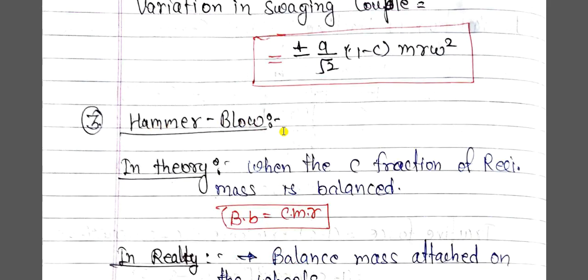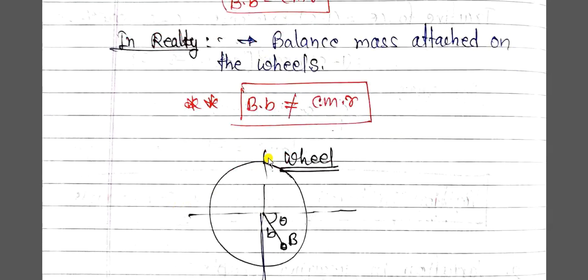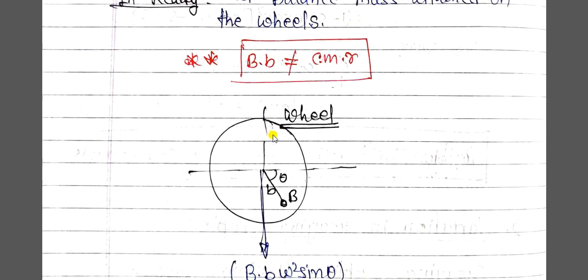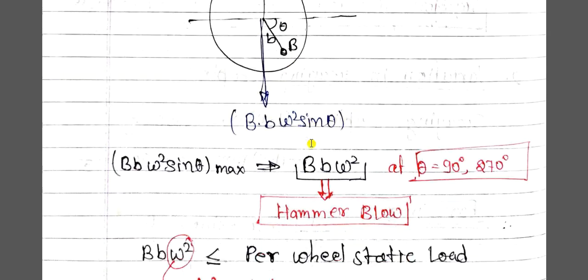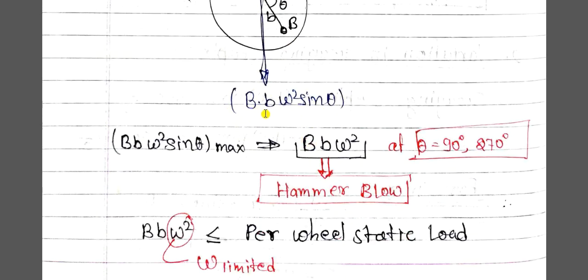And now hammer blow. Why is it called hammer blow? You should have felt this effect in Indian Railways also. Sometimes the coach jumps. That is because of this hammer blow effect. When only the c fraction of the reciprocating mass is balanced, so B b equals c m r. In reality, the balance mass attached on the wheel is not equal to that, so we have some unbalanced force in vertical direction.